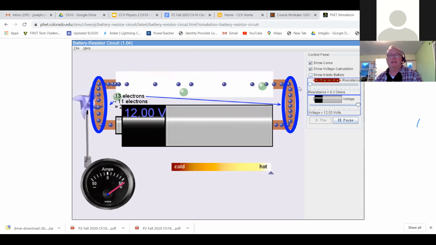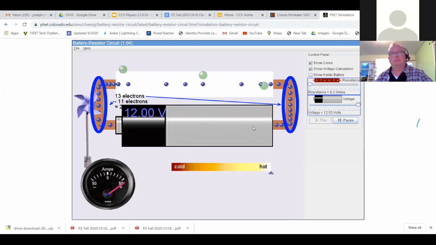Right, so it's quite hot, and actually this could potentially start a fire. This would be what we call a short circuit, where there's almost no resistance. And so the battery is pumping charges just as fast as it can, but like I said, it's getting kind of hot. All right, let's go back and take a look at our notes again.